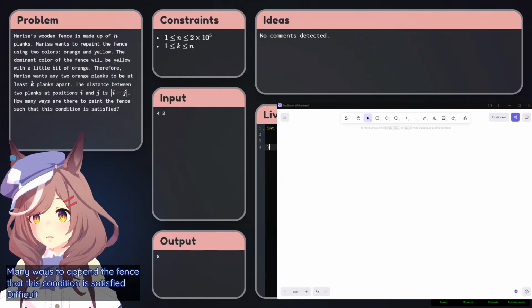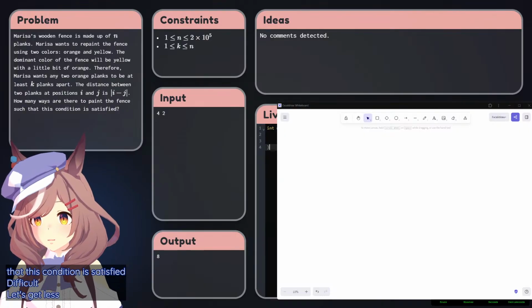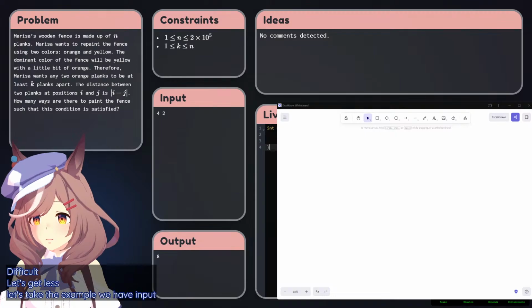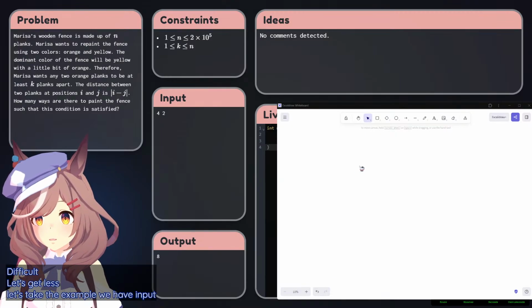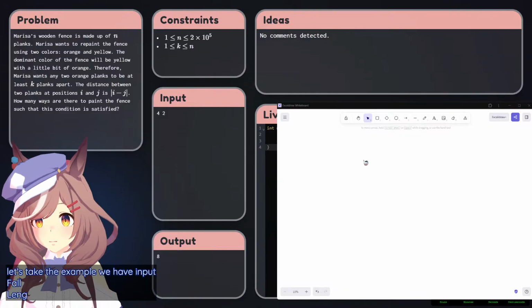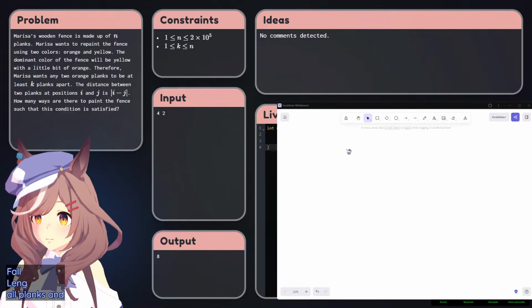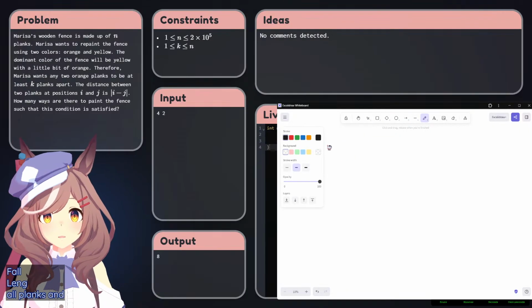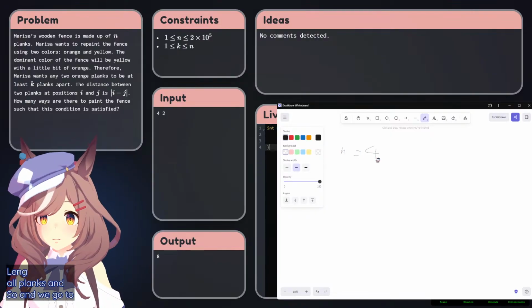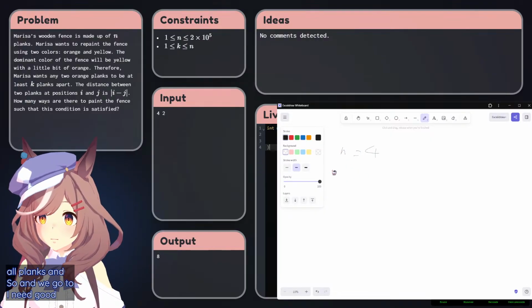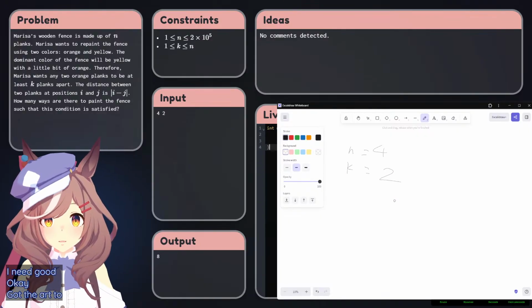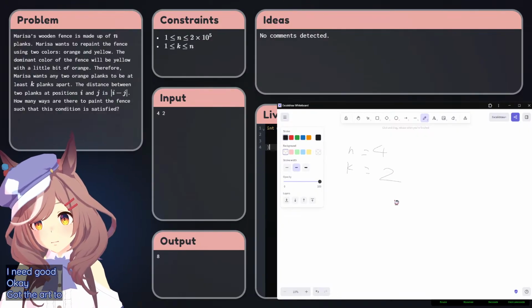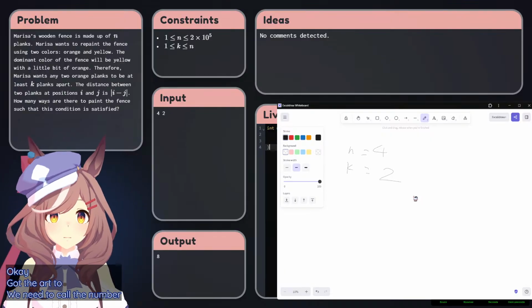Let's take the example. We have input 4: the fence has 4 planks, so n equals 4 and k equals 2, and we need to count the number of ways to repaint the fence.